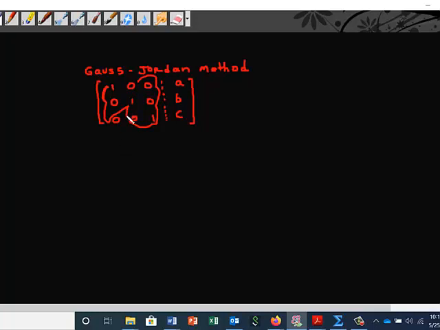Now that's one pattern. So let's look at another pattern. Supposing you start here, we'll always start at this position. This could be a 4. If this was a 4, you can divide row 1 by 4 to get a 1 here. 4 divided by 4 is 1.